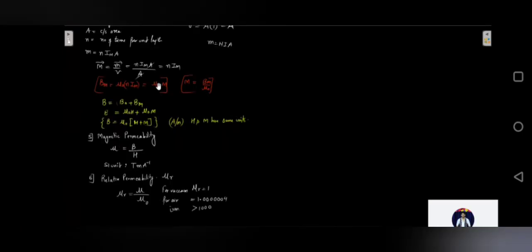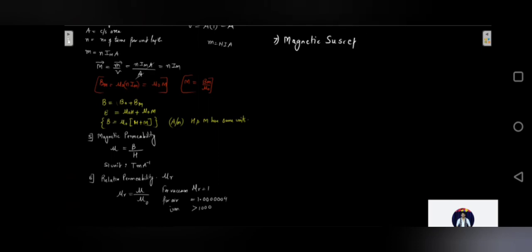Next term is magnetic susceptibility. Magnetic susceptibility is the measure of ability of a substance to take up magnetization. How well a material is accepting the magnetization, that is susceptance.